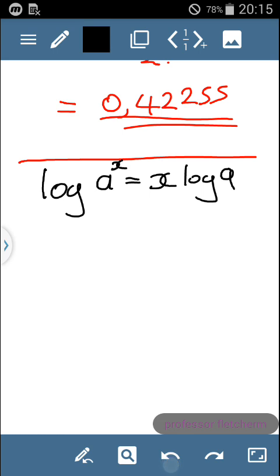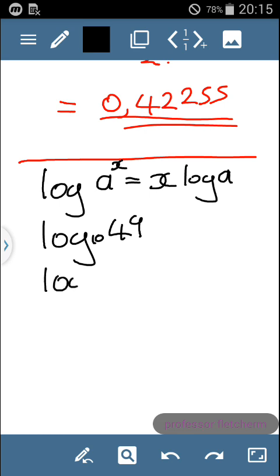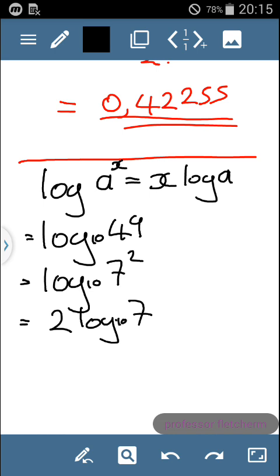No, it's fine. So if you are given log 49 in base 10 and we want to express it in terms of 7, we get log 7 to the power 2 base 10. So this is equal to 2 log 7, of course base 10.